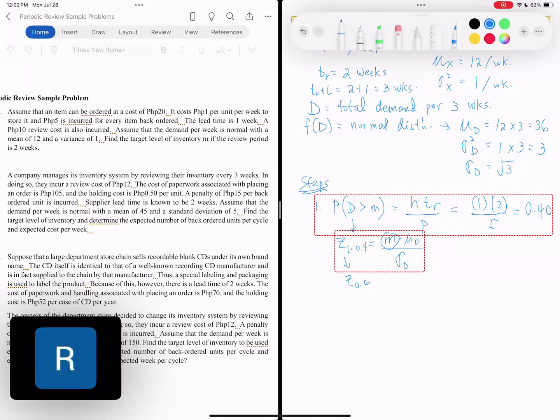Do not use your calculator so that your answer will not be marked wrong. Now, if there's no z table given in the exam, then you don't have a choice but to use your calculator for the z value. I hope that's clear. And for those who are absent today, I hope that they will get to this part of the lecture and know what I said.